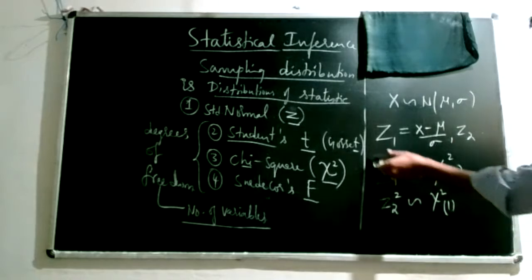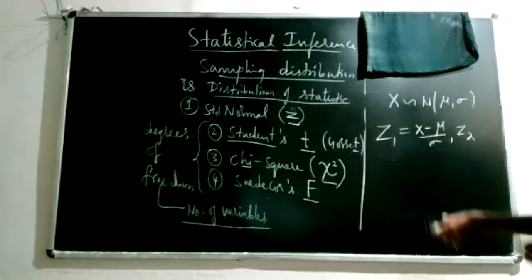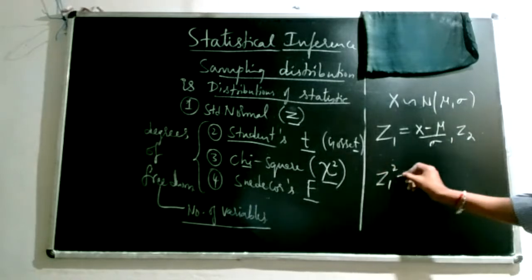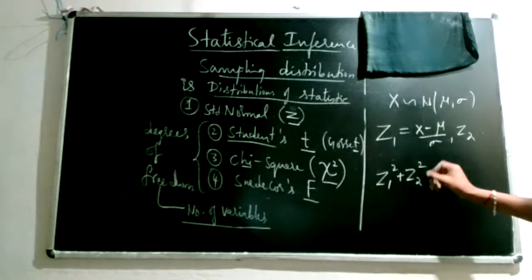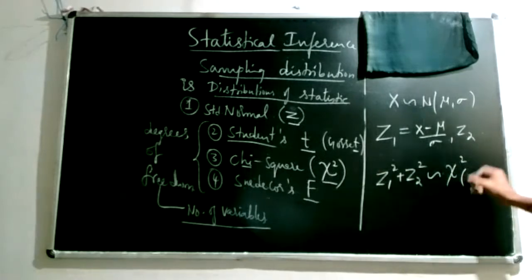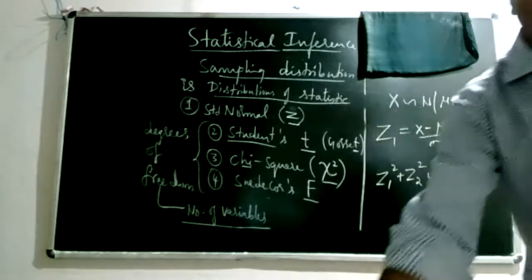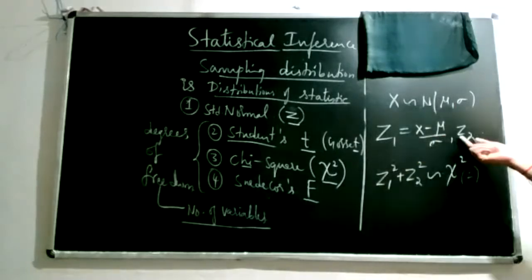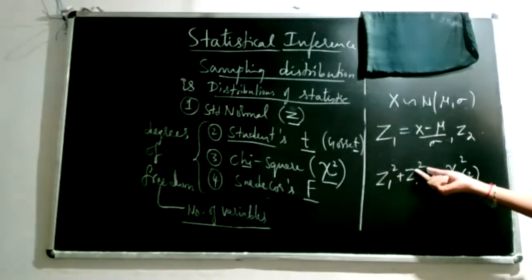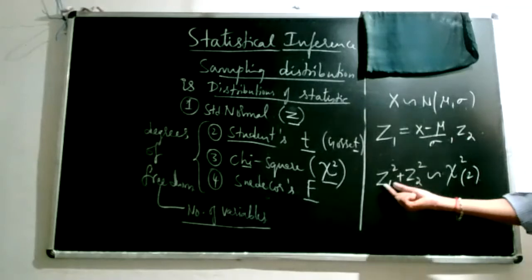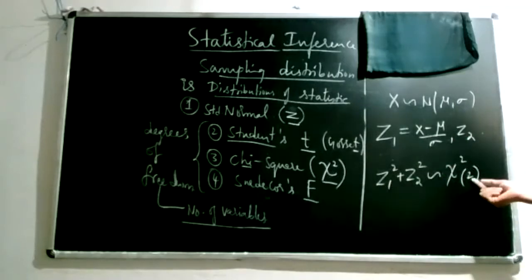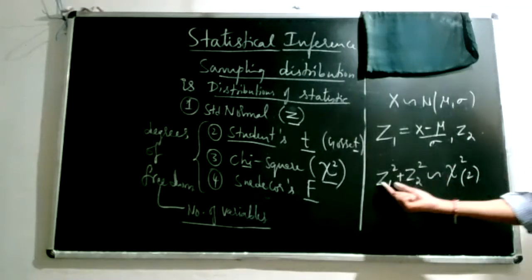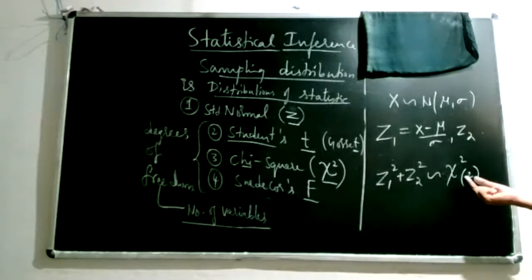And a mathematical property tells us that the sum of these chi-squares is also chi-square, provided you are dealing with independent variables. So we have Z1 and Z2. I have squared the Z's and added them. If Z1 and Z2 are independent, they become chi-square. Now I've used 2 Z's, therefore the degrees of freedom is 2.